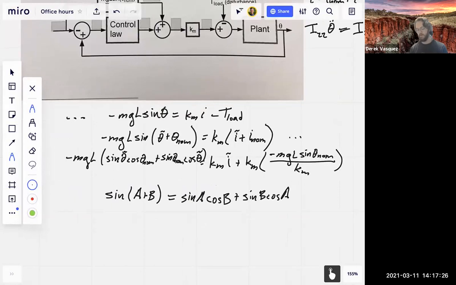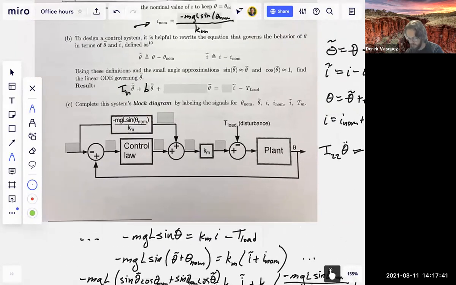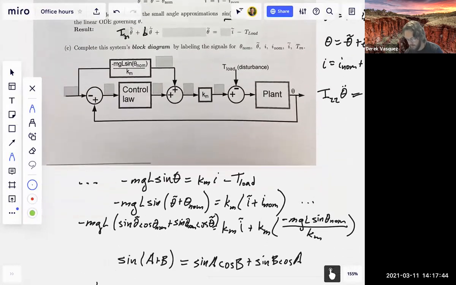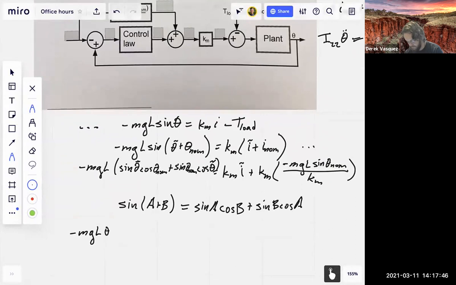So then I'm going to distribute things, and we're going to apply our small angle approximation. So minus mgl, so we know we're using the small angle approximation. So sine of theta tilde is approximately equal to theta tilde. And then we still have a cosine of theta nominal. And then minus mgl sine theta nominal.